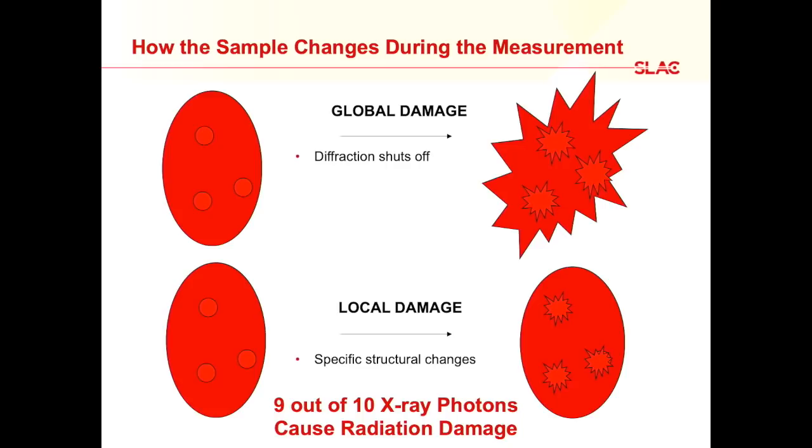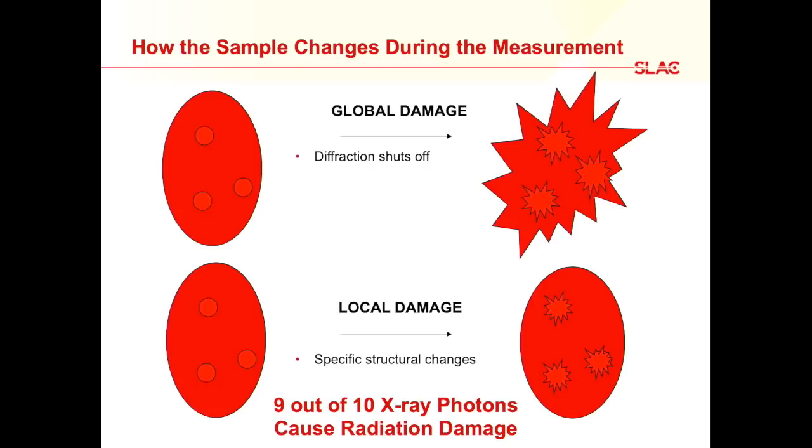Now I'll take the time scale even shorter here. Those movies happen on the millionth of a second time frame. We're going to go to the millionth of a billionth of a second time scale here and try to see how the sample can change during the time scales of the X-ray exposure. This is a simple cartoon of how a sample can change under X-ray illumination. You can picture two different kinds of damage or changes with time.